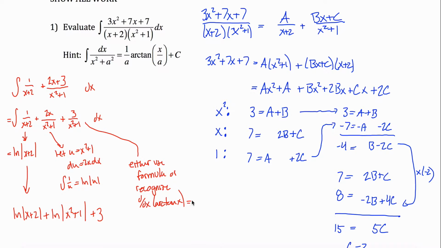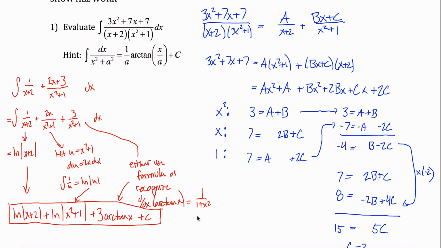The derivative of arctangent of x is 1 over 1 plus x squared, which if I pull this constant 3 out in front, what I have here is exactly 1 over 1 plus x squared. So this is just 3 arctangent of x. Tack on the plus c if you think about it, and you are done with this problem. That one went there, and that one went there.